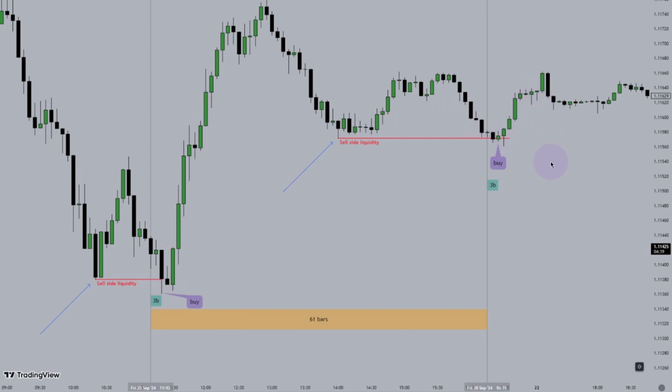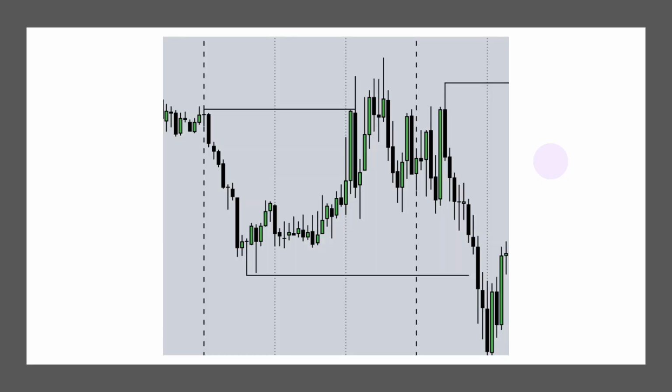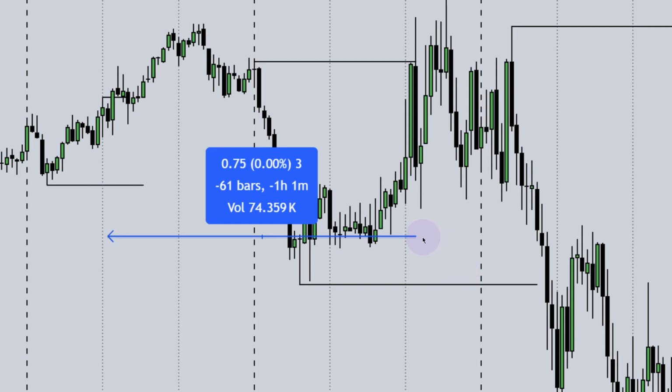Same thing right here. This is something that's really interesting, and I'm not done with this. It's getting even deeper. Okay, here again, price taking out the high of the 15-minute cycle, drawn on liquidity, low right there. Look at this. The candle with which price swept the high of the 15-minute cycle was this candle right here.